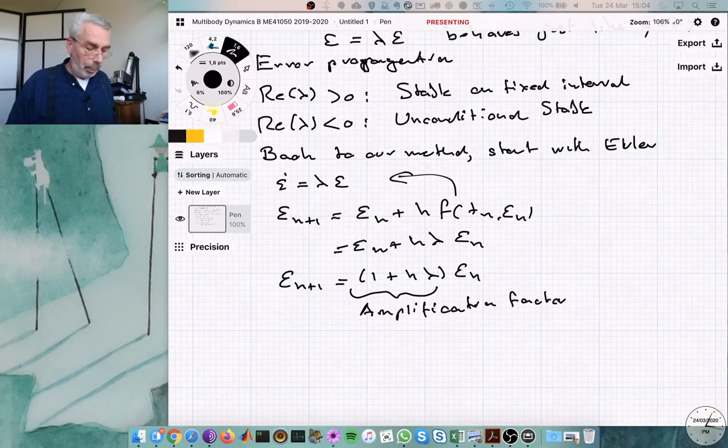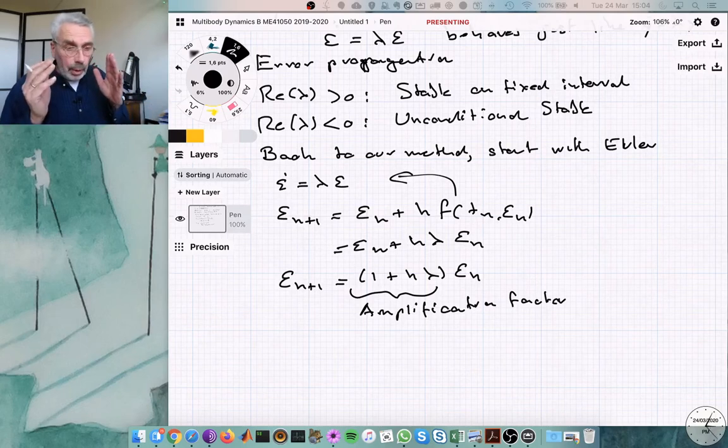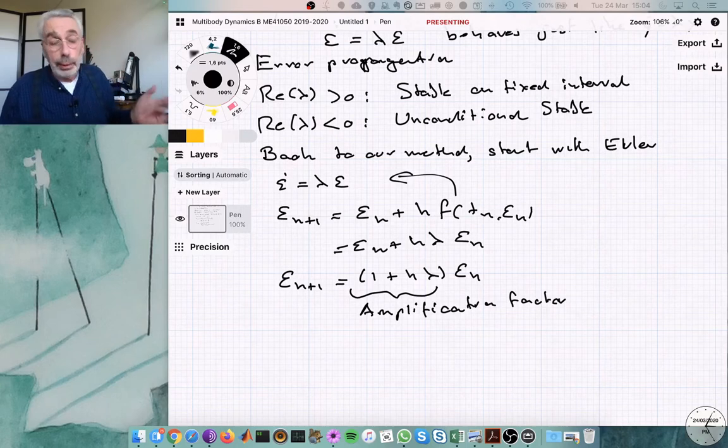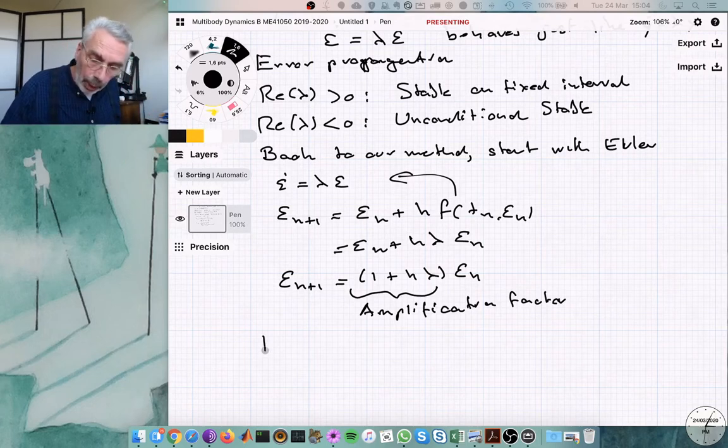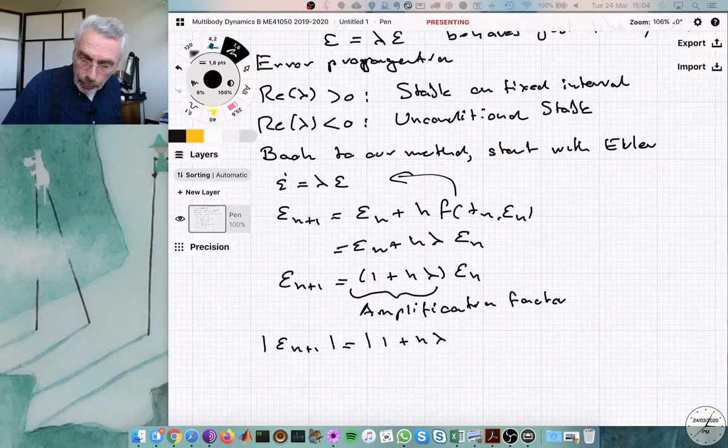Oh, that's probably a problem, because then it's always larger than 1. But bear with me, the eigenvalues can also be complex. So we do not have to look at the real part only, but also at the complex part. So to look at how this thing grows in absolute sense, we have to look at the absolute value of the amplification factor times the absolute value of the error. So we have to look at this absolute number, right?